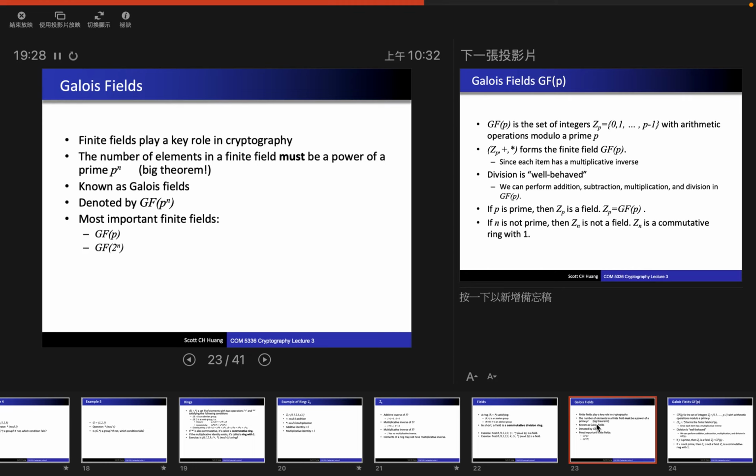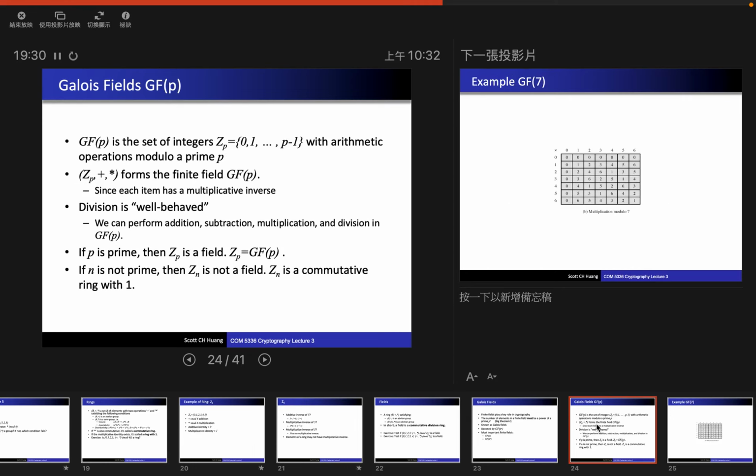Okay, let's take a look at GFP. This is called a prime field, and if we regard them as rings, they're written as Zp. Their definition is very straightforward. We have p elements.